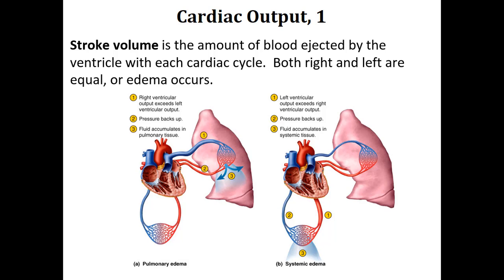All right, let's talk about cardiac output. There's a formula for this: it is stroke volume times heart rate. Stroke volume is the amount of blood ejected. So, to increase cardiac output, what can you do?